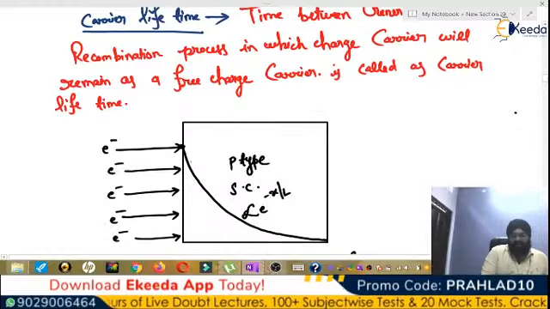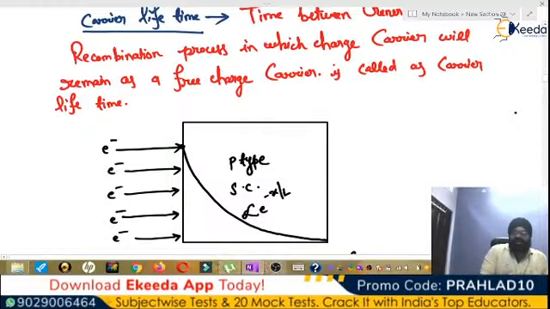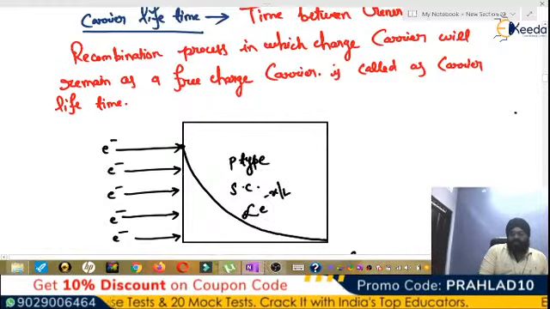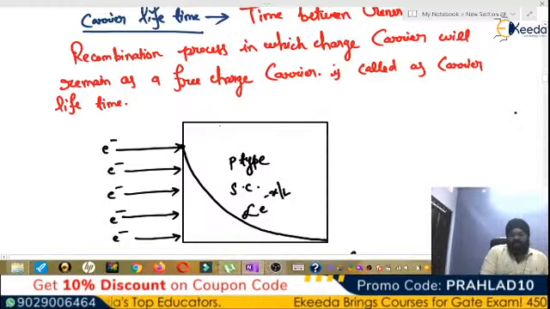So after some time, both electron and hole recombine, and they don't behave like free charge carriers. So the time between generation and recombination in which the electrons and holes remain as free charge carriers is called carrier lifetime.